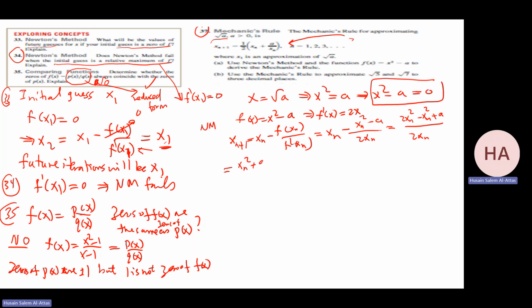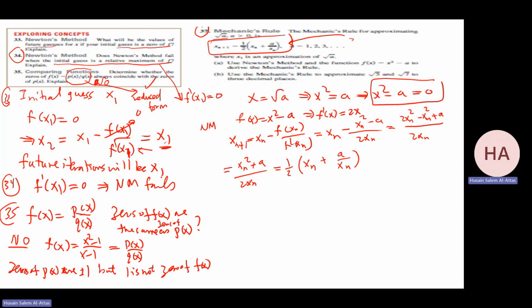And that would be what? xn squared plus a over 2xn, which is, I can take half outside, half xn plus a over xn, which is the same formula as this.